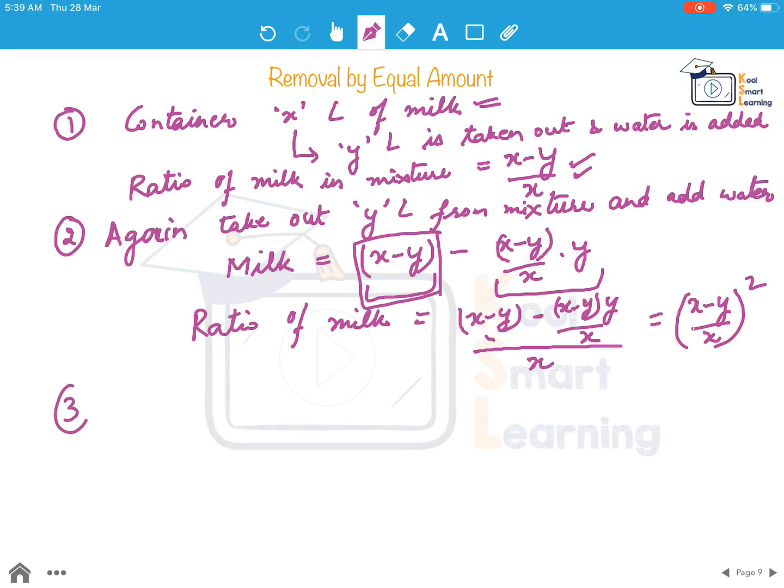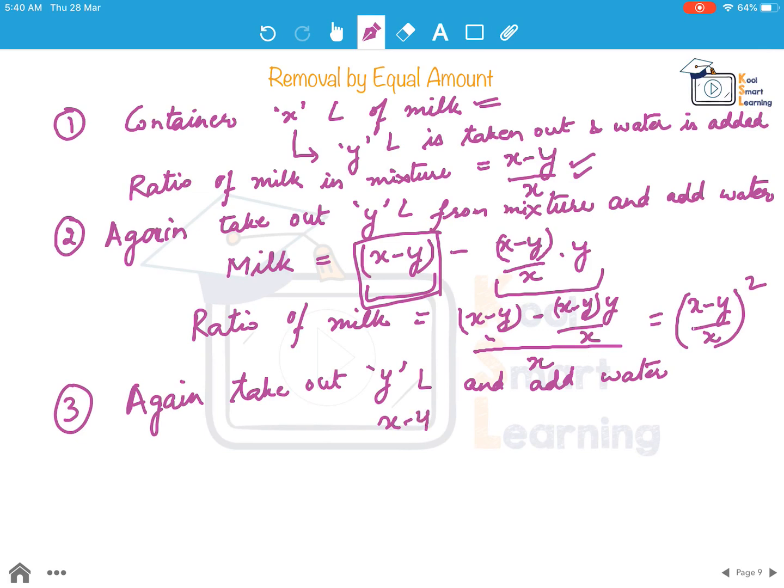If in the third step we again take out Y liter from the mixture and add water, doing the same kind of calculation again, we will see it becomes X minus Y by X whole cube. So this is again the ratio of milk.